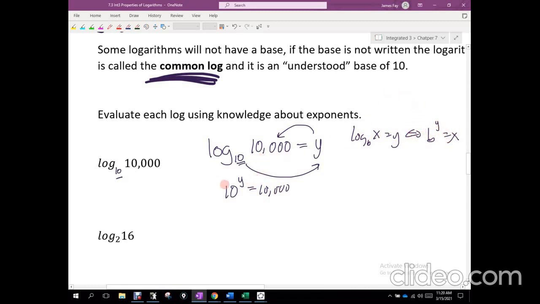Does anybody know what I need to multiply 10 by? How many times to multiply 10 by itself to get 10,000? When I multiply by 10, if I take 3, what? Just hear me out on this. If I take 3 and multiply it by 10, what's that number turn into? 30.